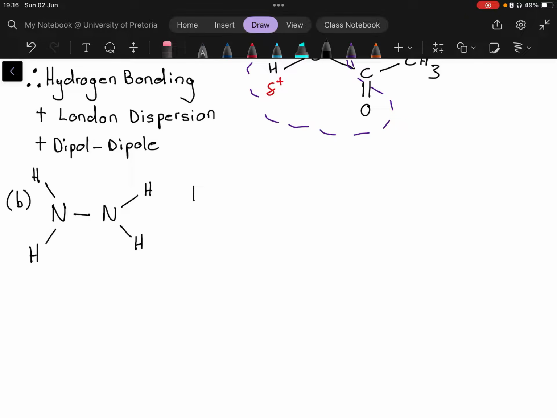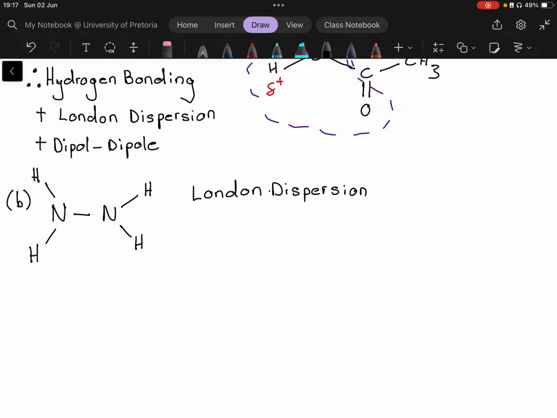All molecules have London dispersion forces. That's the first one. Second question: is it polar or is it non-polar?